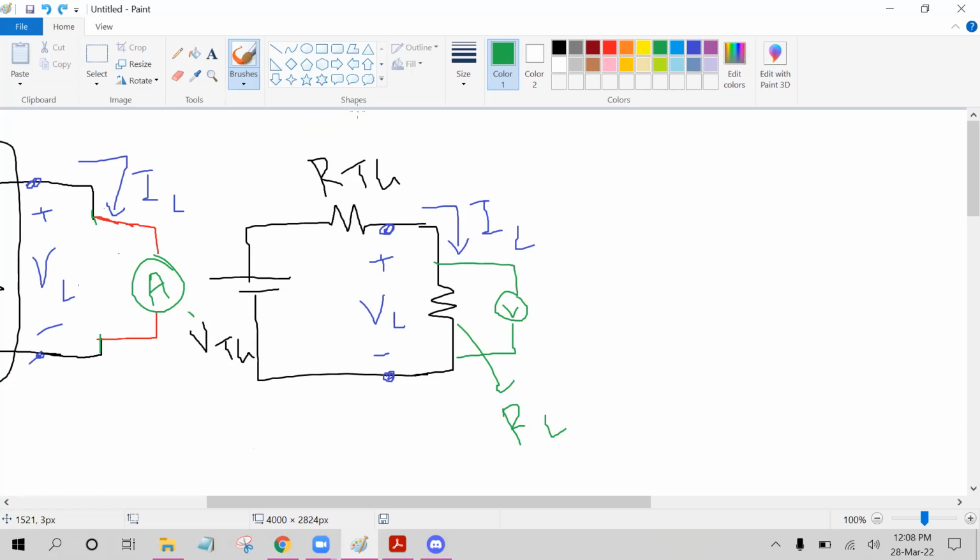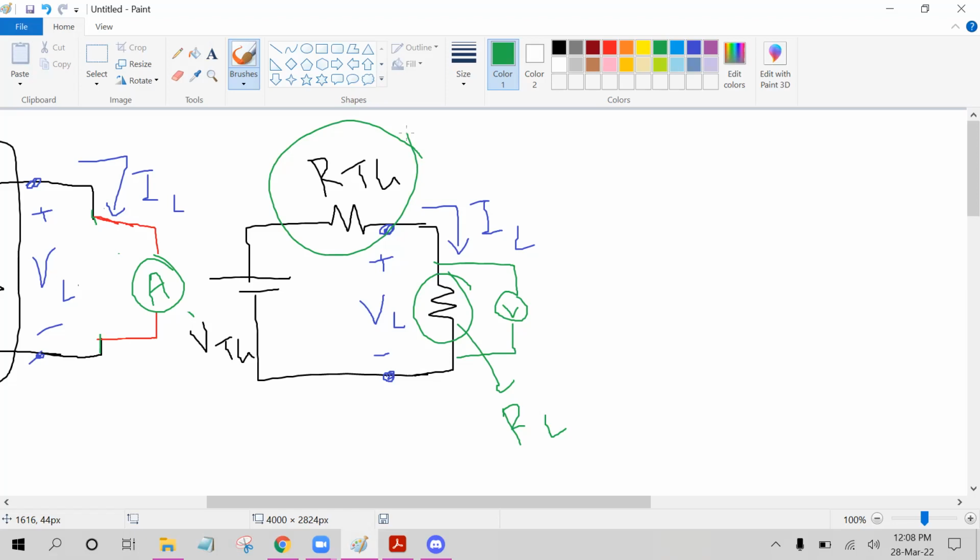So in general, what would we expect? Do we expect the load resistor to consume most of the power, or do we expect the Thevenin resistor to consume most of the power? So load resistor. Obviously the load, because any power that is consumed somewhere other than the load is eventually some sort of waste, right?